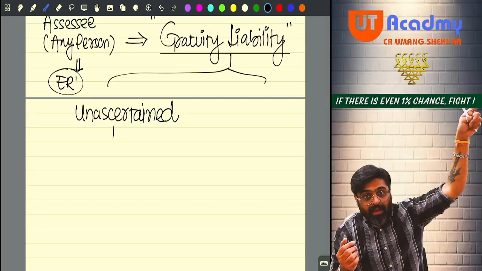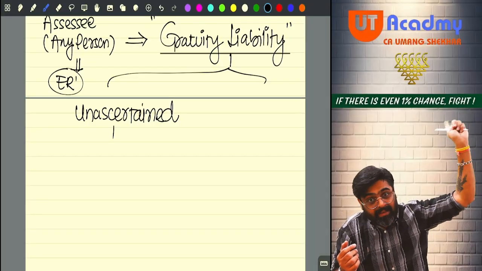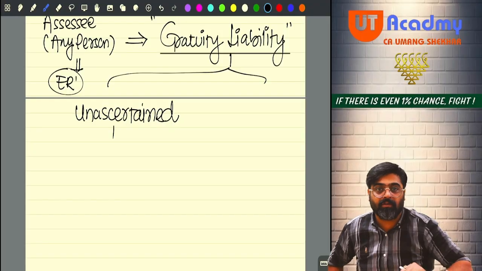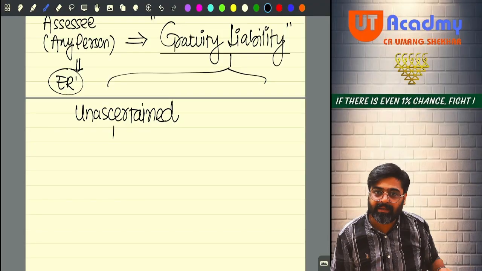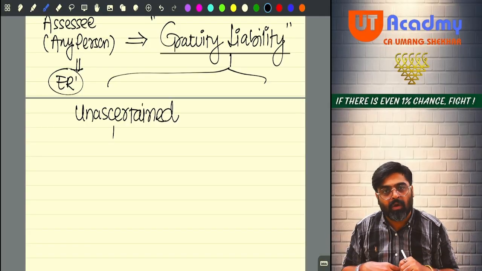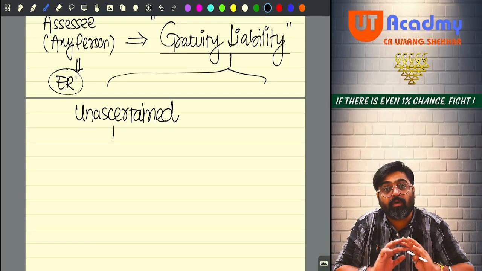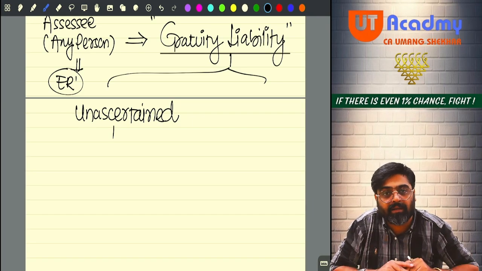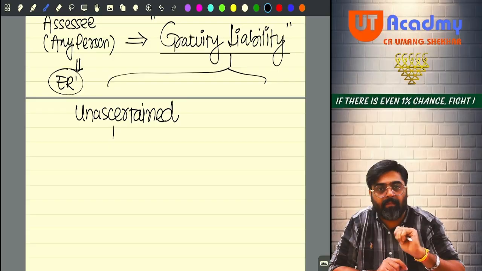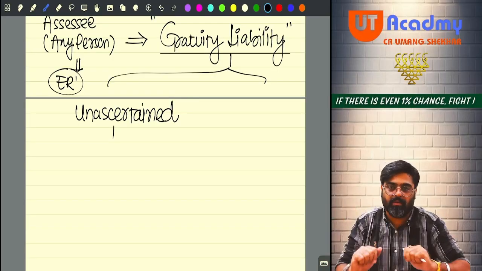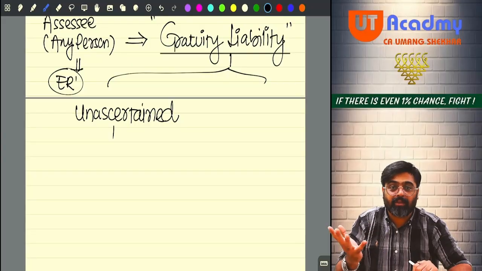When your gratuity liability is ascertained, to meet that liability, you should have enough funds. You should not then say, oh, I don't have money to pay, what should I do now, my business is not running in profits. Whatever your financial situation is at that time, you will comfortably be able to pay them gratuity because you are already keeping some amount aside right now in the gratuity fund.